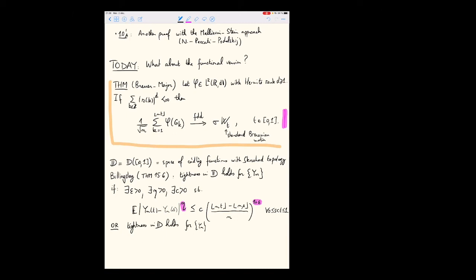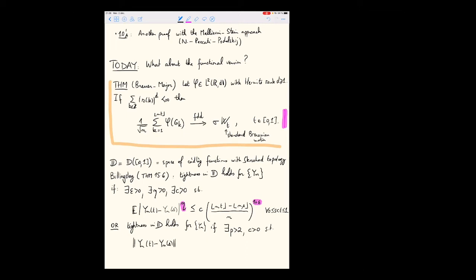Now let me take a Yn for which I already know that it converges FDD to the standard Brownian motion. In this case, I can try to check that there exists a p strictly greater than 2 and a C. So now I only have 2 parameters instead of 3 in the previous statement. And let me write using norms because it's going to be easier to use later.